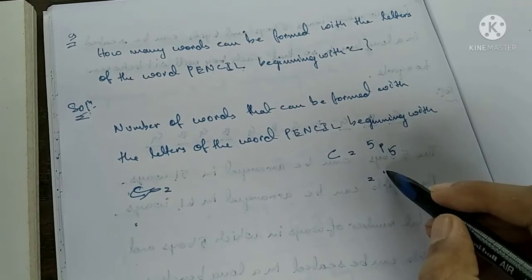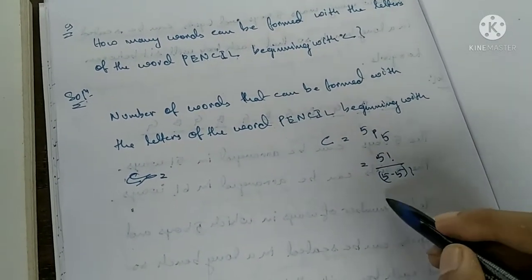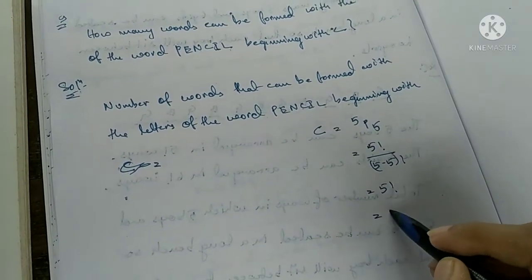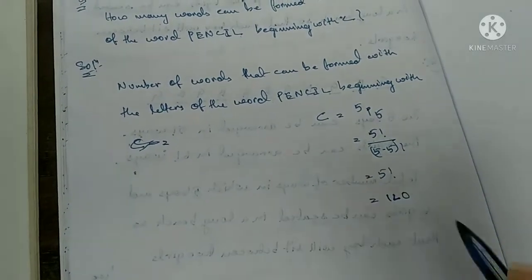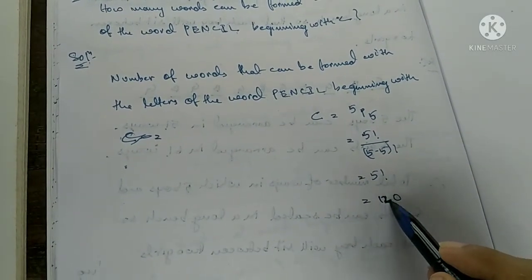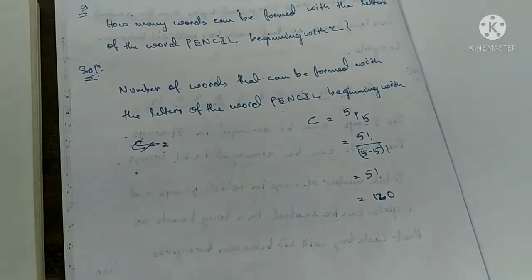Understand? That is ultimately 5 factorial by 5 minus 5 factorial, which is ultimately 5 factorial, which is equal to 120 I will get. So total words, how many words can be formed with the letters of the word pencil beginning with C? It is 120.